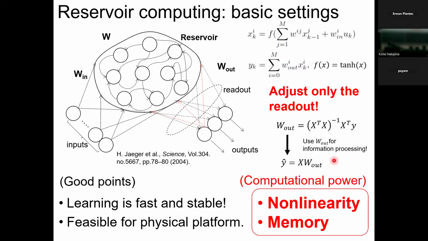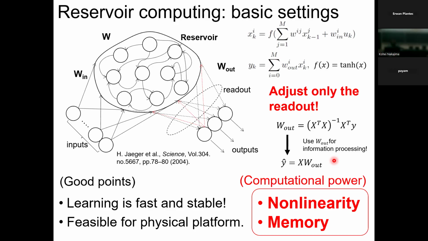Basically, reservoir computing was proposed as a learning scheme for a recurrent neural network. As you know, in the conventional sense, we use the backpropagation through time method to train the recurrent neural network.